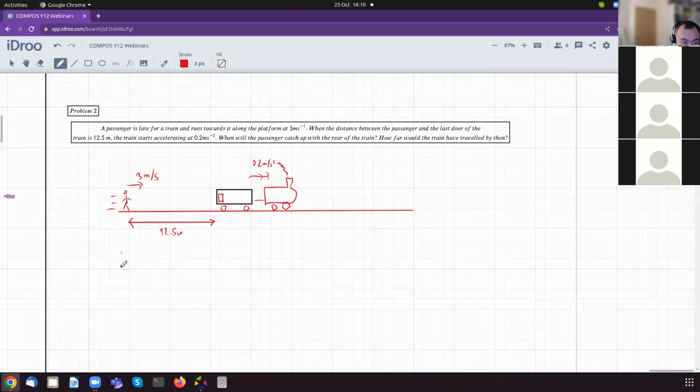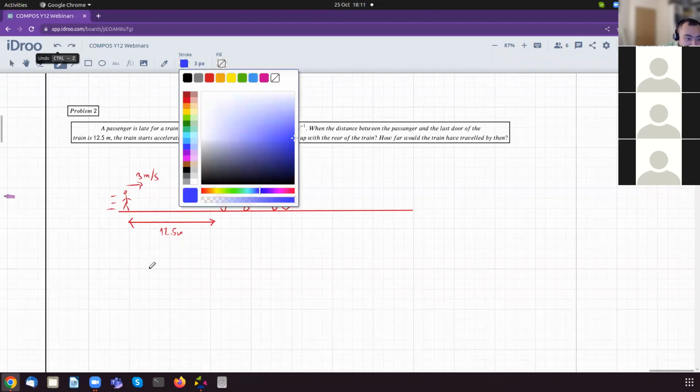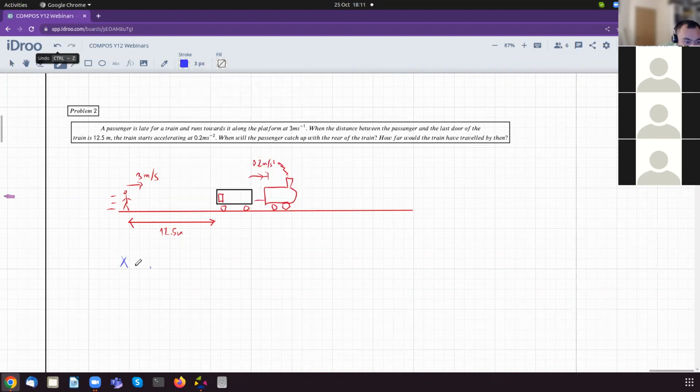So the equation of motion is x as a function of time. It tells you the position of a body at any given time.